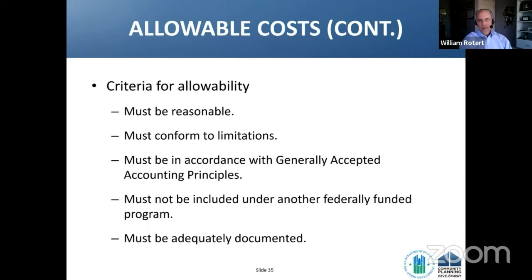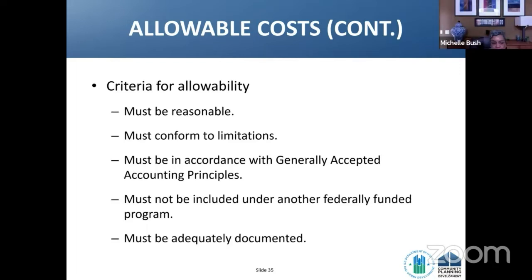And Michelle, would you like to say anything here about this issue about generally accepted accounting principles and how that comes into play? Well, generally accepted accounting principles are the standards that OMB accepts for management of federal funds. And these are the same principles that are applied when you receive an audit.